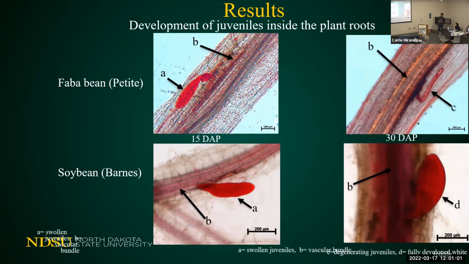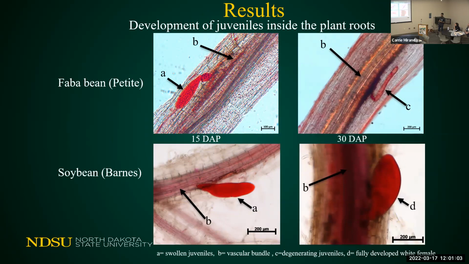But when you see the staining image 30 days after planting, the difference is that in the soybean, the SCN turned into complete lemon-shaped white females. But in the root of fava bean, we did not see that development. Instead, we saw the juveniles are kind of degenerating because we did not see the dense internal body substances in the staining image. That means the juveniles are not growing inside the root of fava bean.